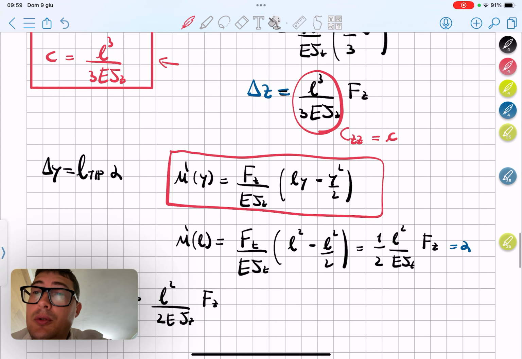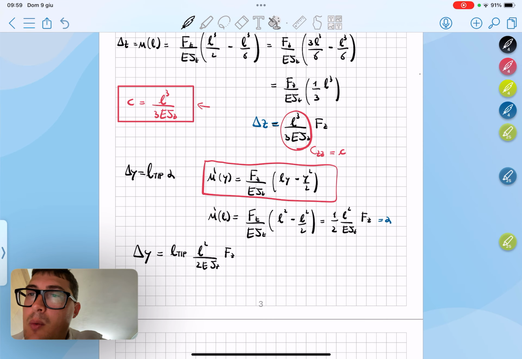To do so, we can do it in this way. We can see that there is L squared divided by EJz, which we can think we have C L, let's do it this way. I divide by L, so I put the 3 here, we have EJz.